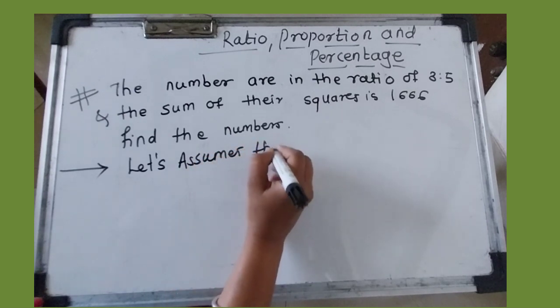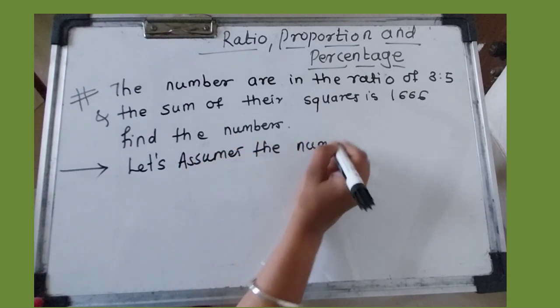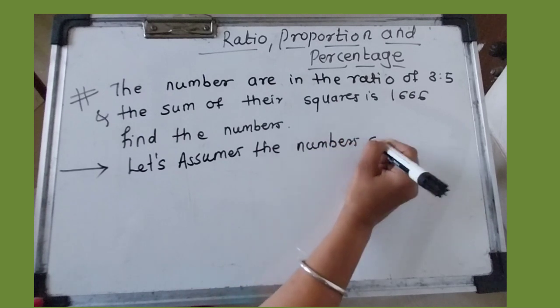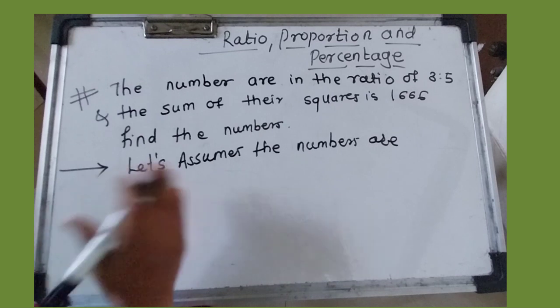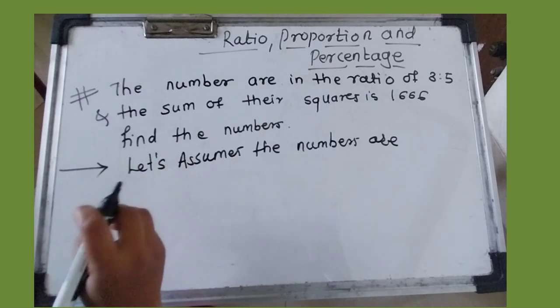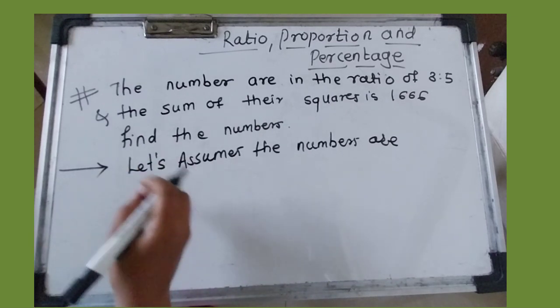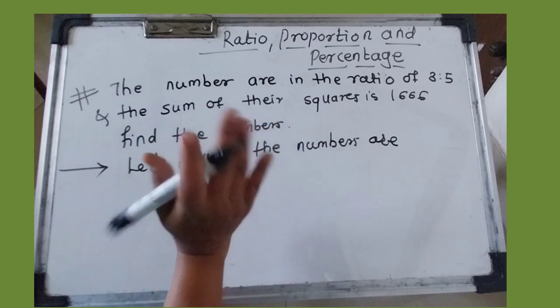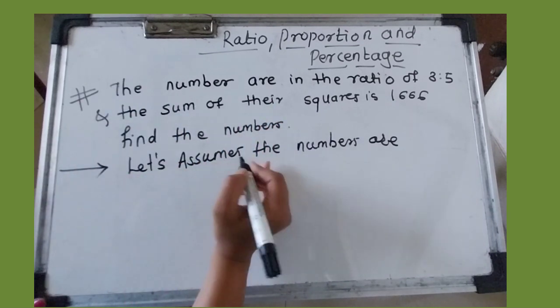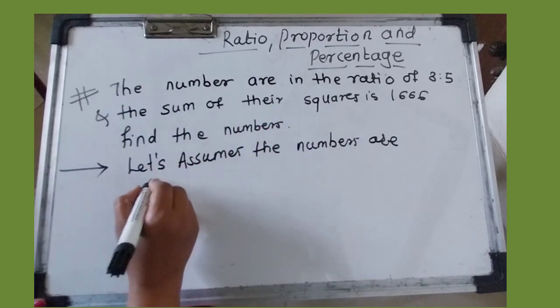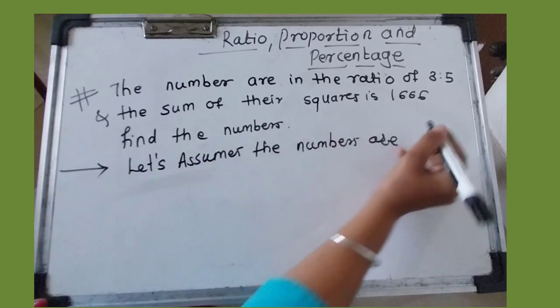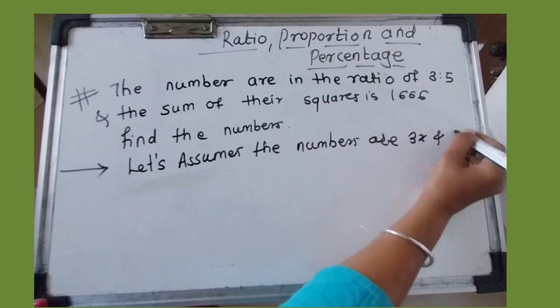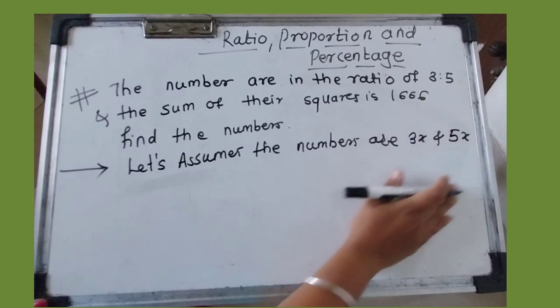Let us assume the numbers are 3x and 5x. These are my numbers.